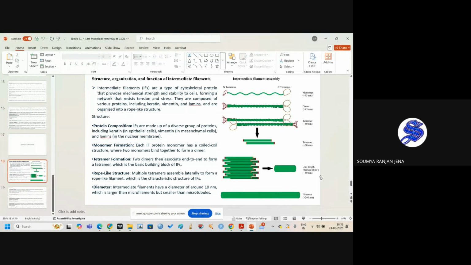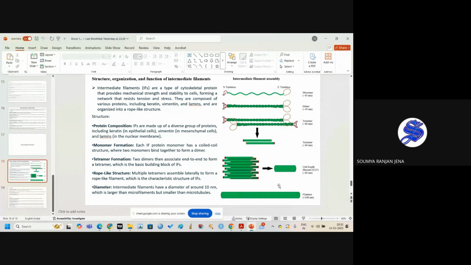And these 60 nanometer unit length filaments form a filament-like structure that is greater than 240 nanometer, which is called intermediate filaments. And these filaments are most important for the tension and stress of our cell.